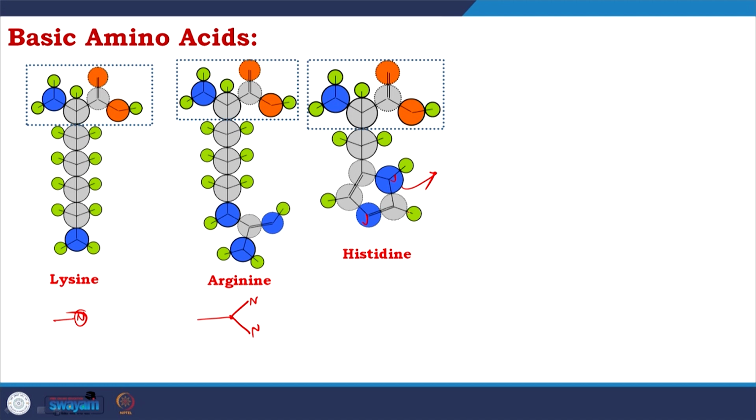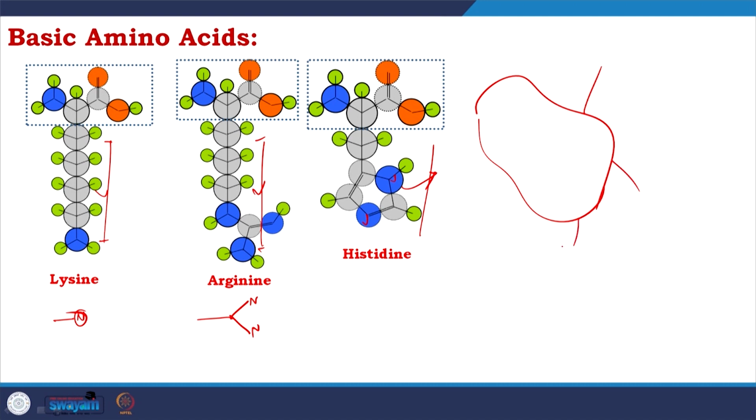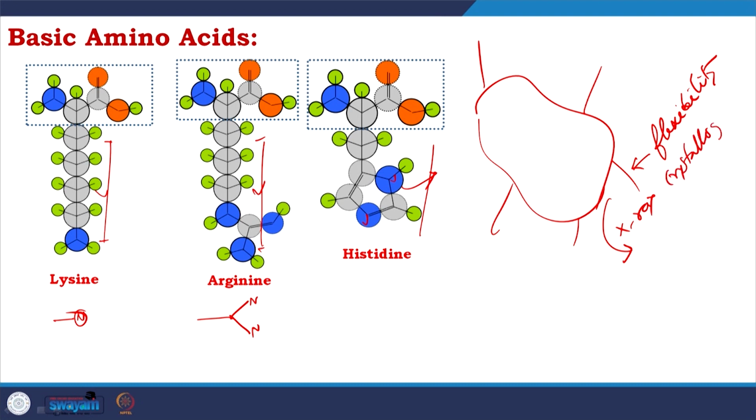Also, as I told, because of the big length, when they are specifically at the surface of the protein, they generally show extreme flexibility, and when we perform X-ray crystallography, most of the time we cannot solve them.